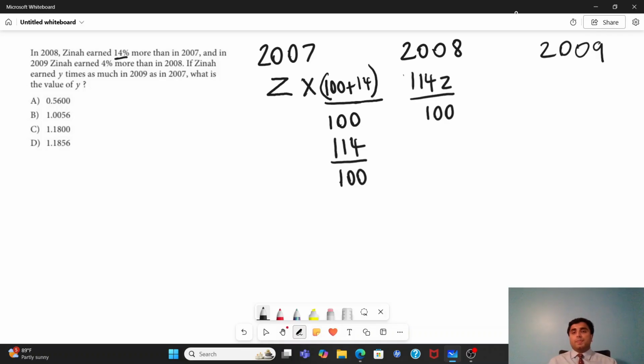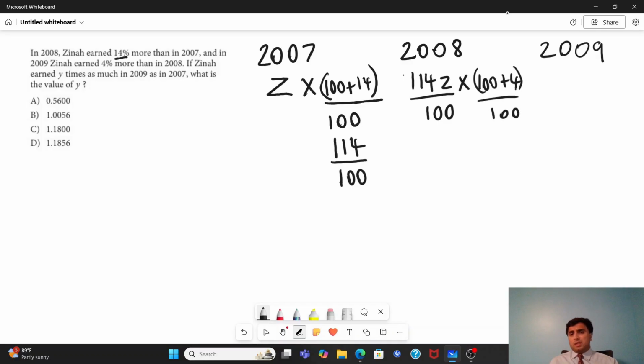After that, we have been given that Xena earned 4% more in 2009 as compared to 2008. So that means that we again have to multiply this number, 114Z divided by 100, by 100 plus 4 in parentheses divided by 100.